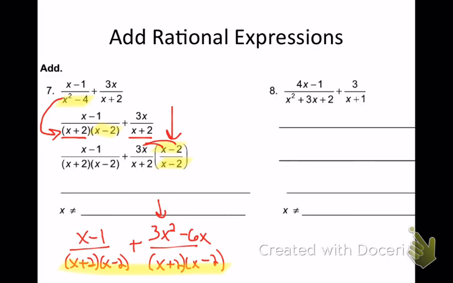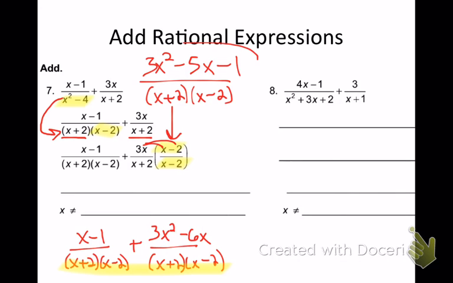There's no other 3x squared term, so I'm going to get 3x squared. I get x plus negative 6x. What's x plus negative 6x? Anybody? Negative 5x. And then there's no other constant, so it's just minus 1, all over x plus 2, x minus 2. And there's your answer right there.